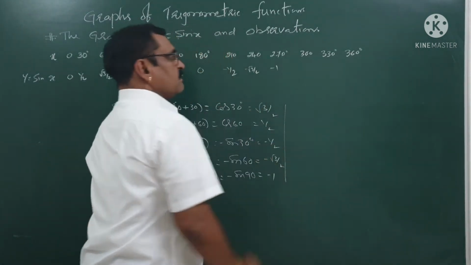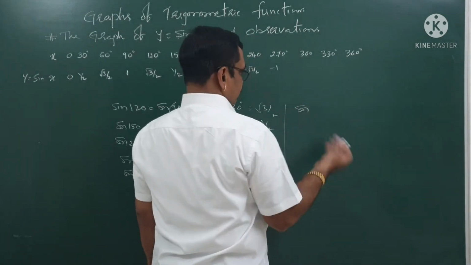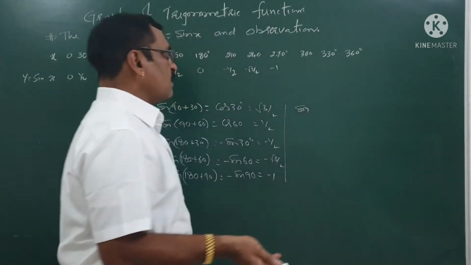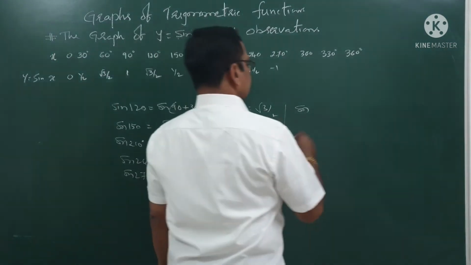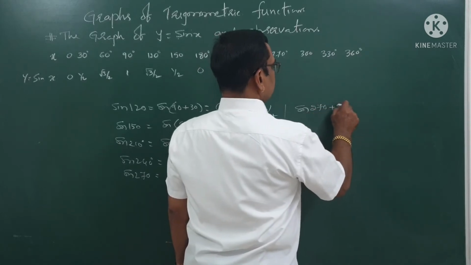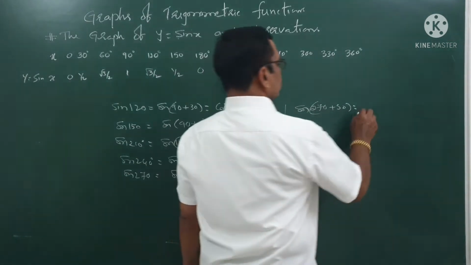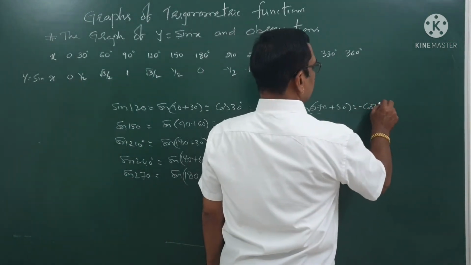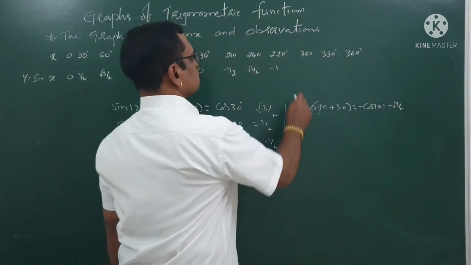Next one, sine 300. Sine 300 I can write as 270 plus 30, or 360 minus 60. The easy way is 270 plus 30. Sine of 270 plus 30 is minus cos 30, which is equal to minus root 3 by 2.